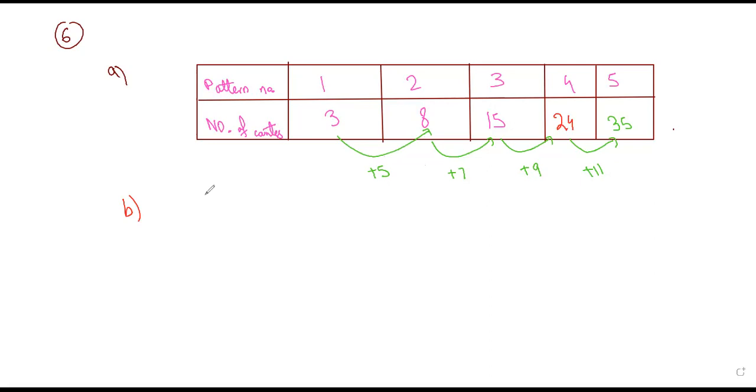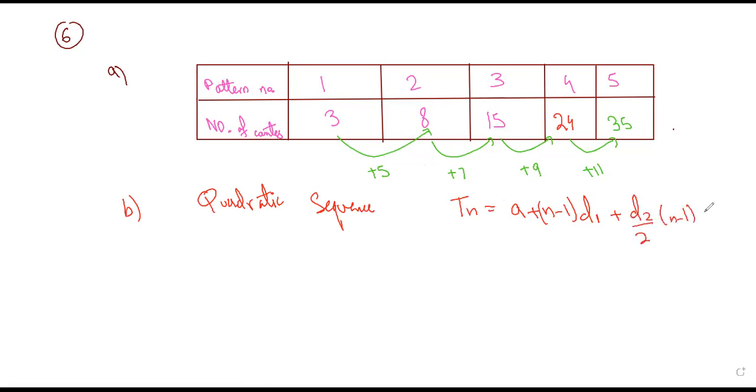So for finding out the nth term of a quadratic sequence, we are going to use the nth term formula. And what is the nth term formula? Tn equals a plus n minus 1 into first difference plus the fixed difference divided by 2 into n minus 1 into n minus 2, right? This is what we have discussed yesterday as well.